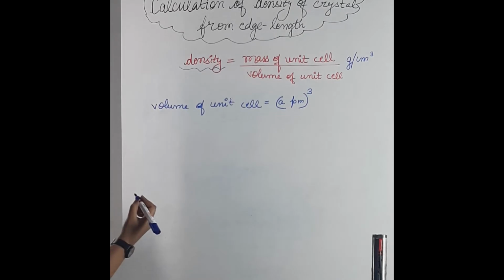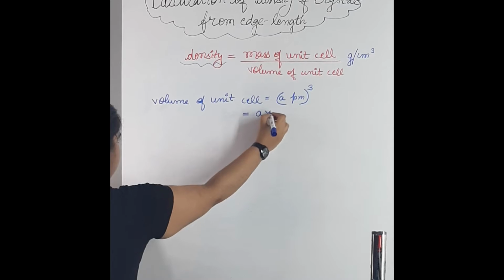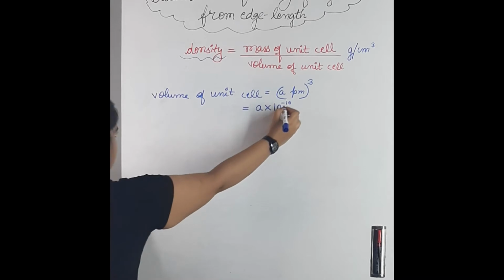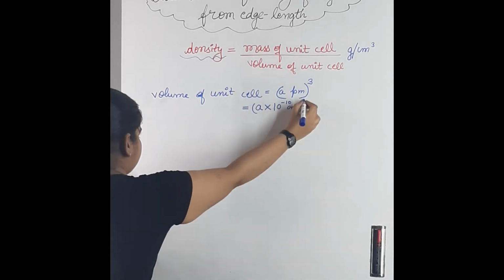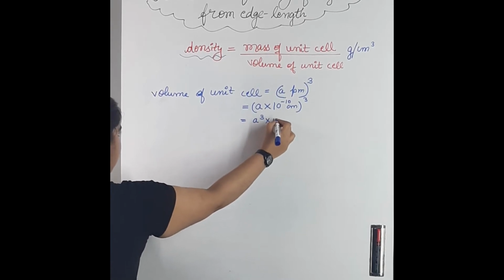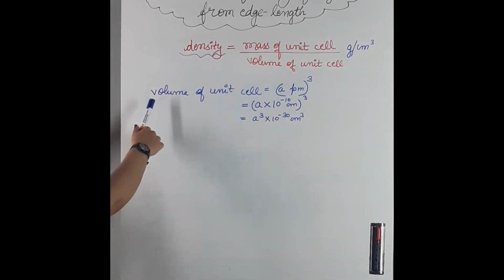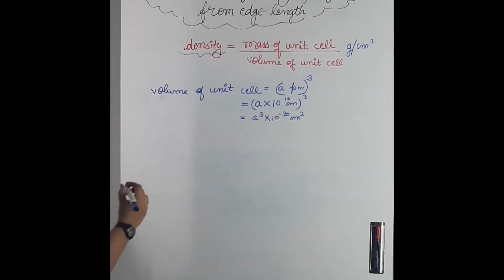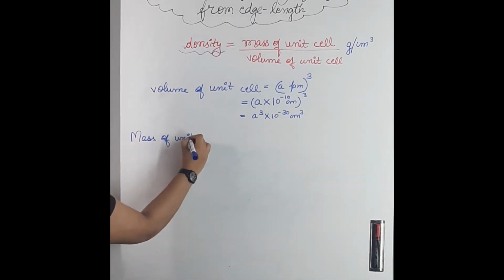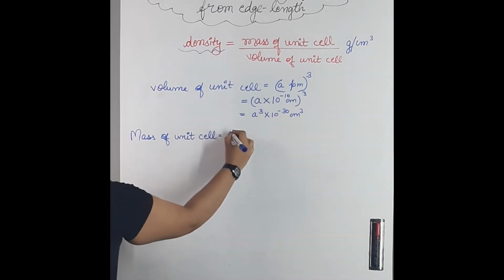You can also express picometer in terms of centimeter by multiplying 10 raised to power minus 10 centimeter. We will get a cube multiplied by 10 raised to power minus 30 centimeter cube as the volume of unit cell, and the mass of unit cell can be calculated as number of atoms per unit cell.